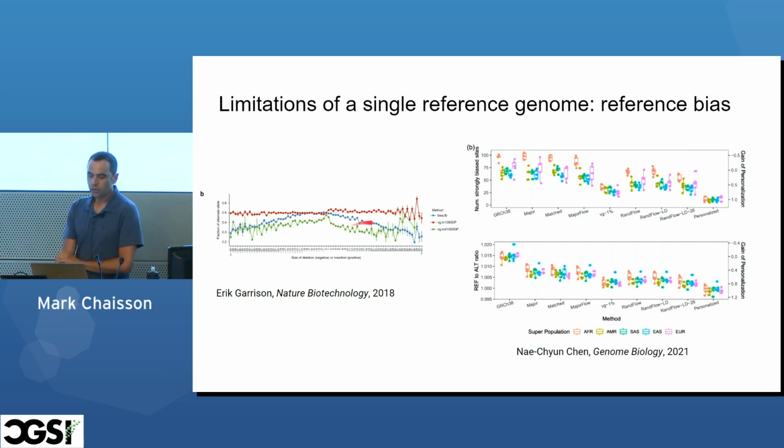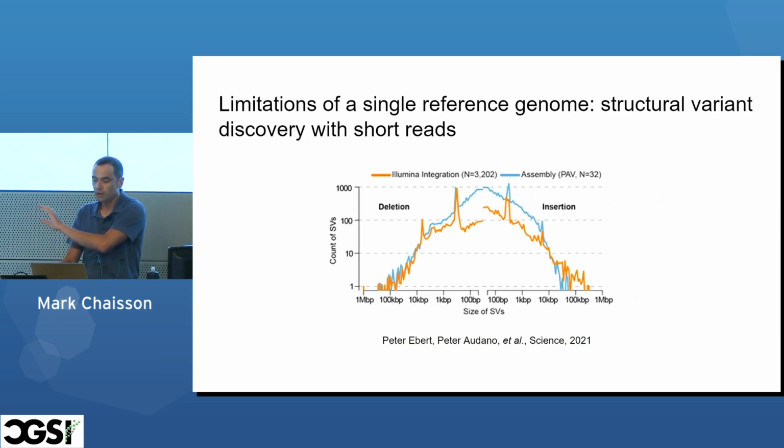And on the right, this is work from Ben Langmead's lab, showing the numbers of positions where new variants are discovered in a sample that shouldn't be, because of what is called reference bias. So these are problems with a single linear reference that come up at very small scales.